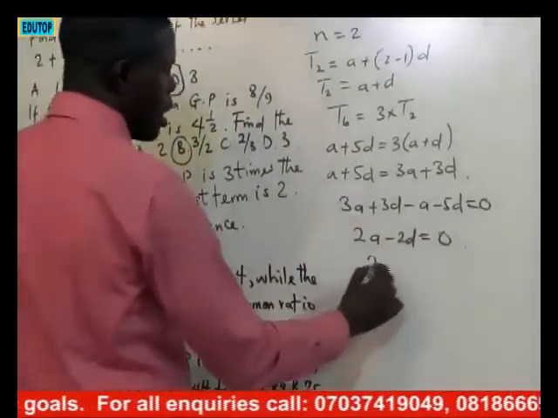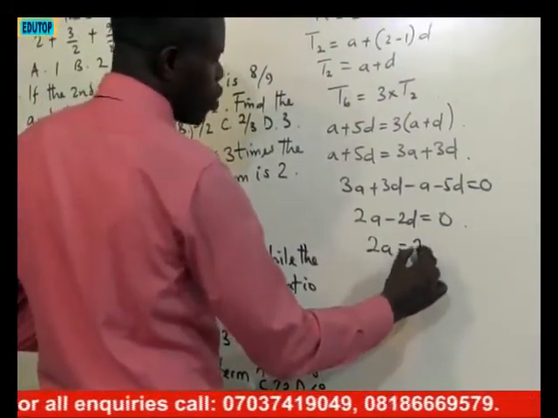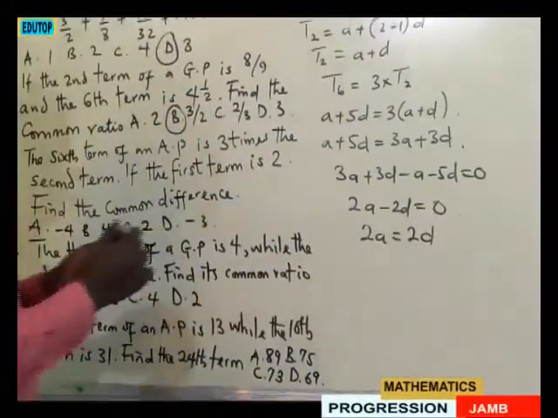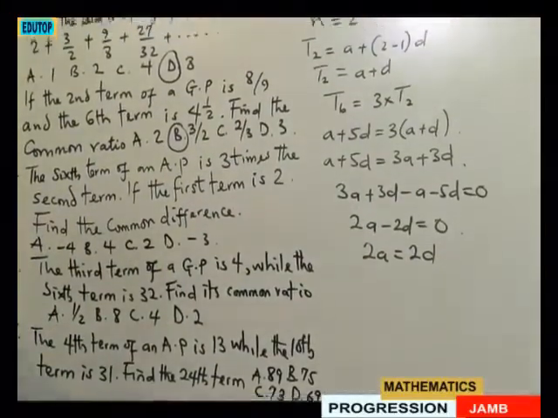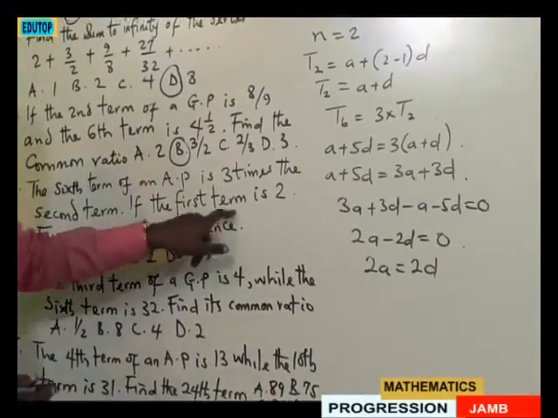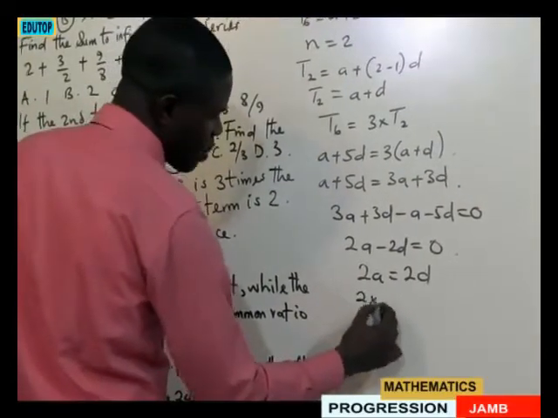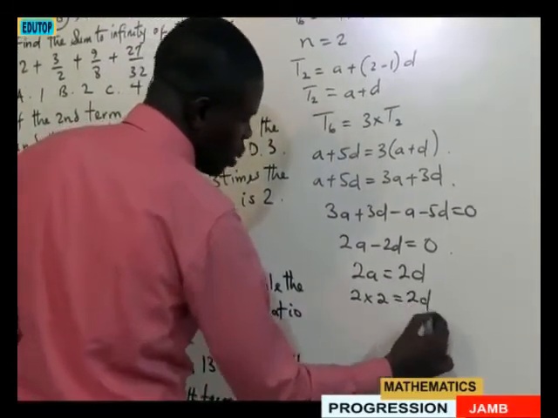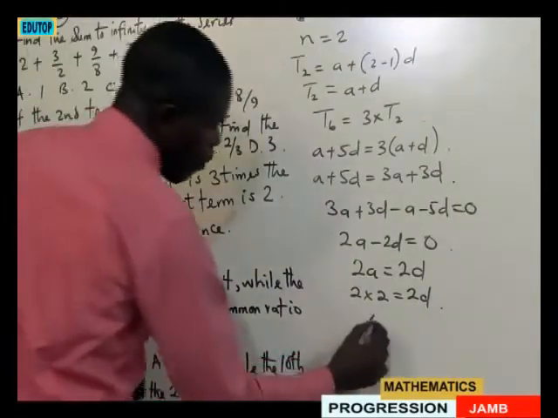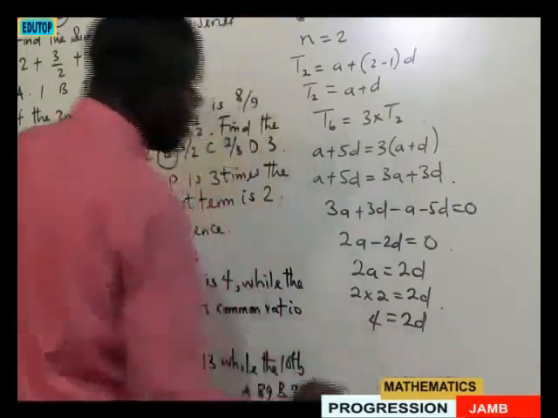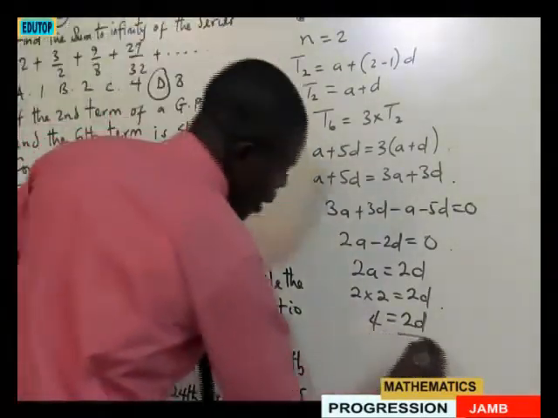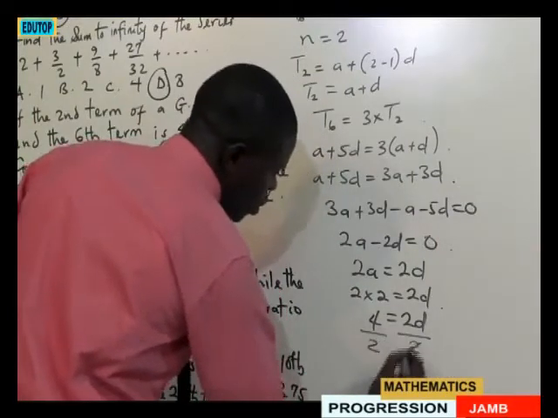Now, I know that 2a is going to be equal to 2d. Then, the question has given the value for the first term to be 2. That means 2 times 2 equals 2d. So in that situation, I have 4 equals 2d. Let me divide both sides by 2. These 2 can cancel this.